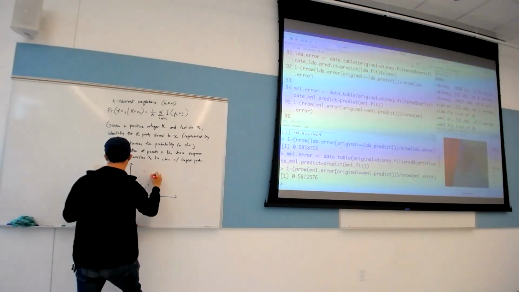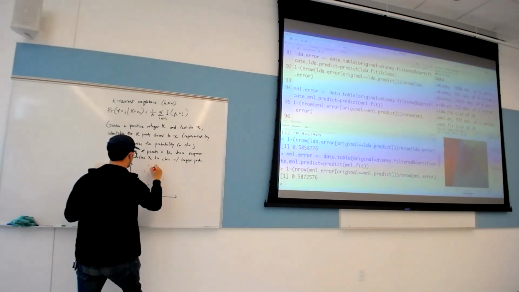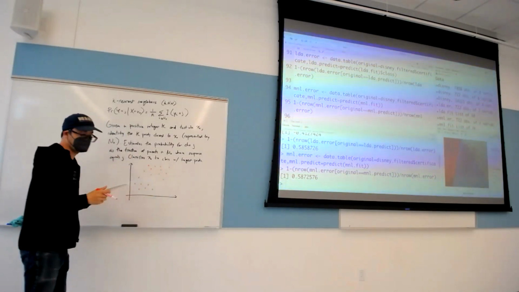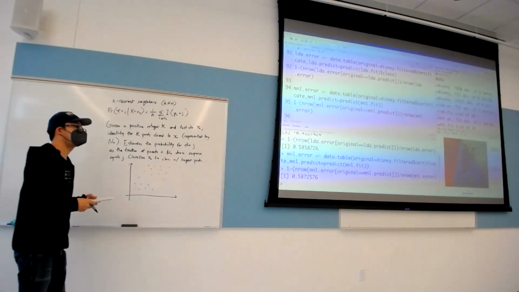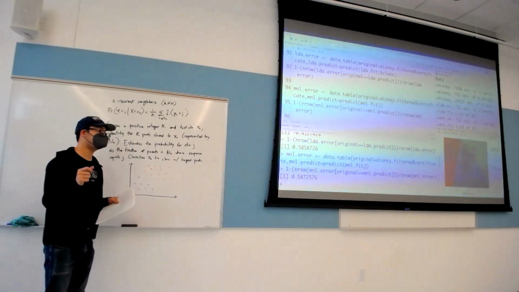Okay, so this is how K nearest neighbors works.